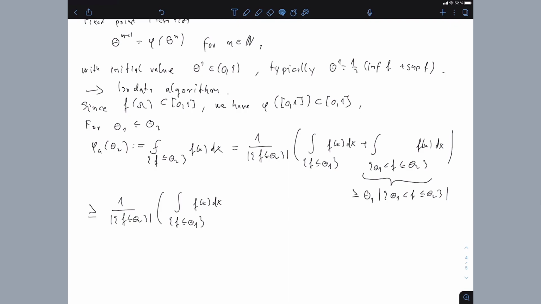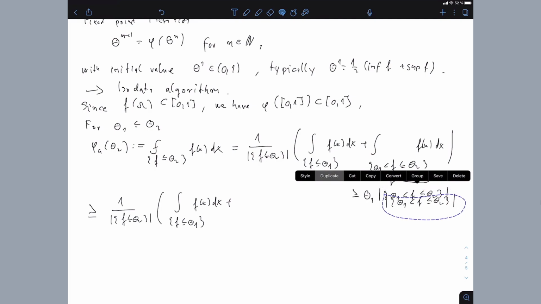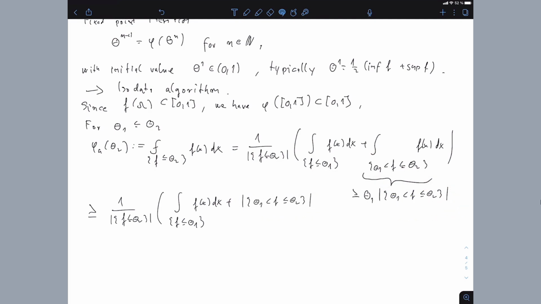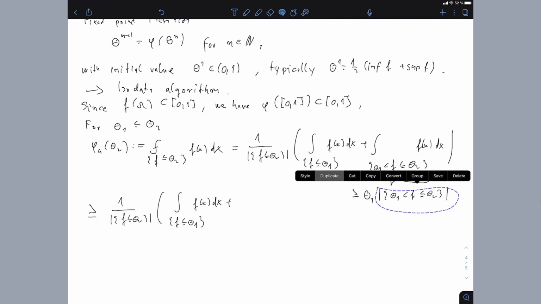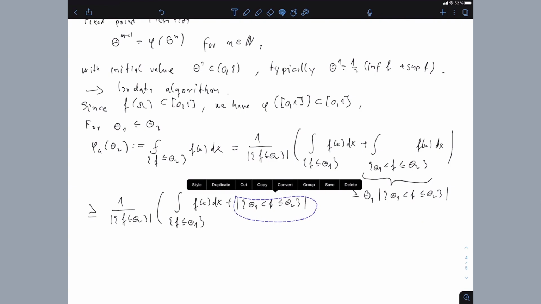And I'm also keeping that factor here. And I'm estimating the theta 1 low.